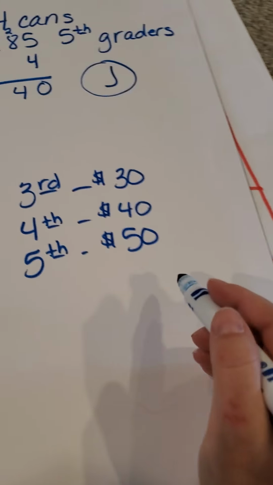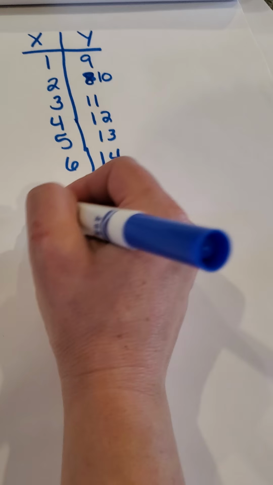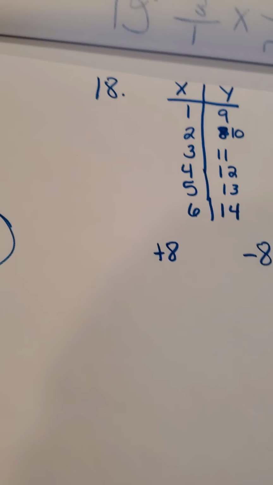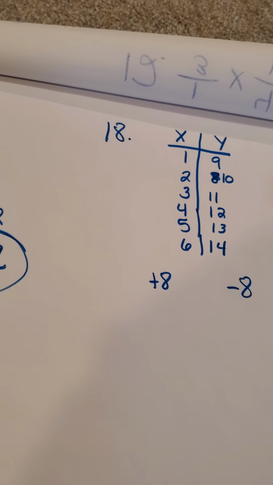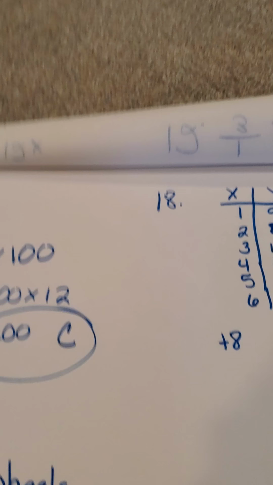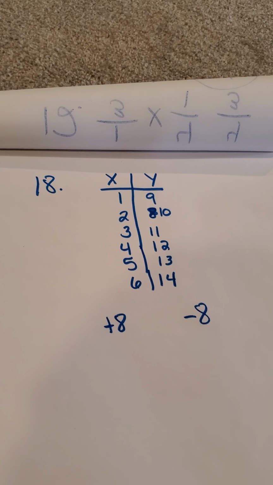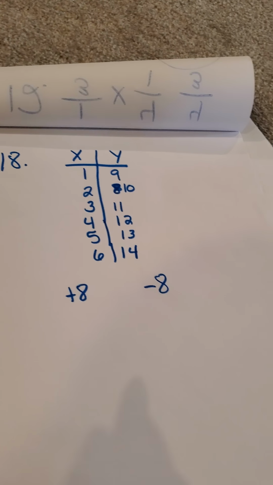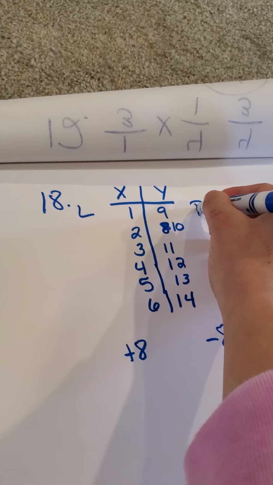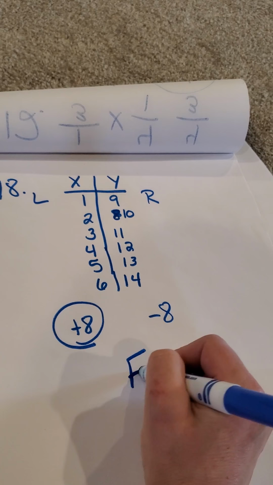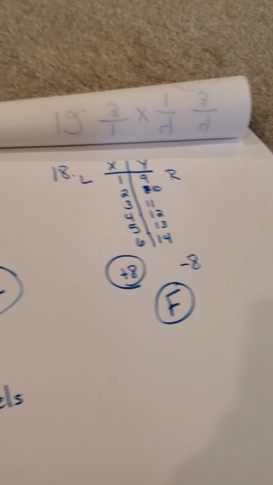So we are either subtracting by 8 here or adding by 8 here, correct? Let me flip the page over here so I can see what the actual answer is. So it wants to know the left column to find the numbers in the right column. So this is the left, this is the right. So we need to add 8 to get to the right, which would be F.